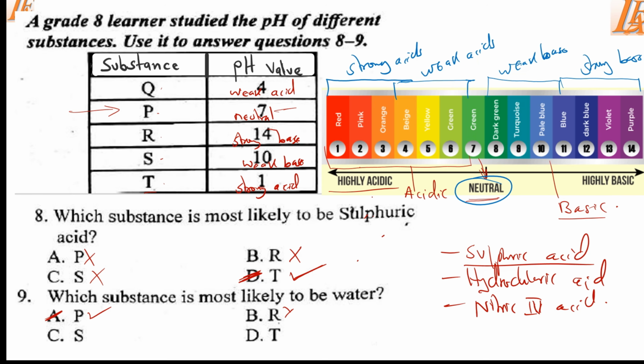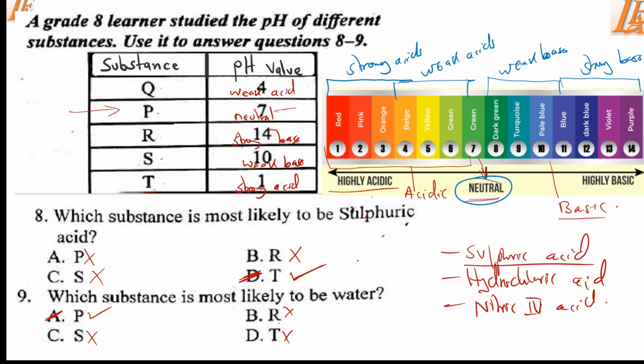R is a very strong base. S is 10. This is a weak base. And then D has T. T is a very strong acid with a pH value of 1. So the substance which is likely to be water, because water is neutral, is P with a pH value of 7.